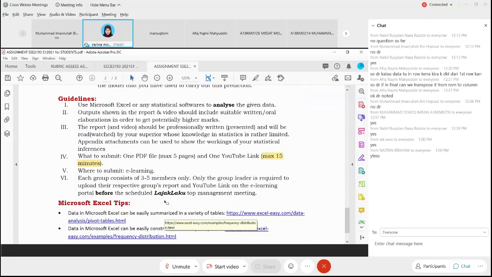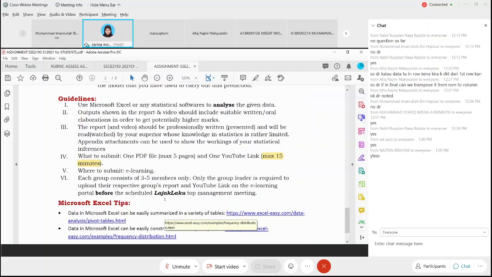Only focus on your data. Don't look at other data. Okay, you can copy paste, but don't alter any observation, because I will mark your assignment based on my result. So your result and my result has to coincide, has to be the same.